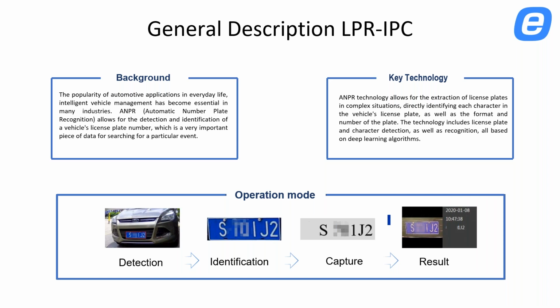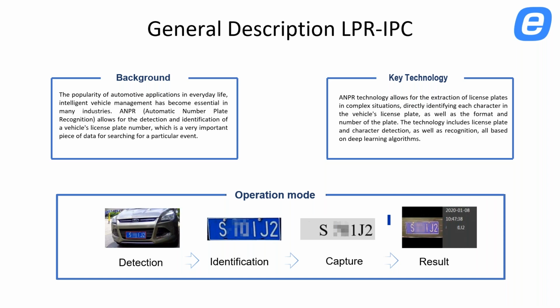So, a little background of the ANPR. With the popularity of automotive applications in everyday life, intelligent vehicle management has become essential in many industries. For communities, for example, or a big parking lot, you can keep a database of who's entering, who's exiting, what car is coming in.